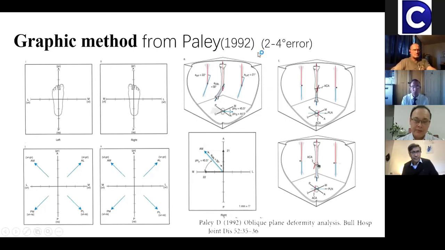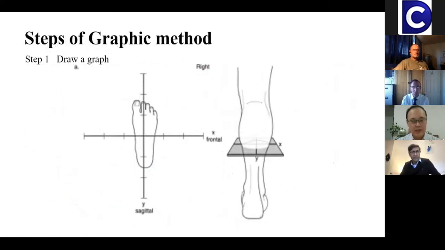This way can also have some error, about 4 degrees error, but even so it is an easy way. So a lot of doctors want to use the easy way to evaluate the oblique plane deformities, including me.